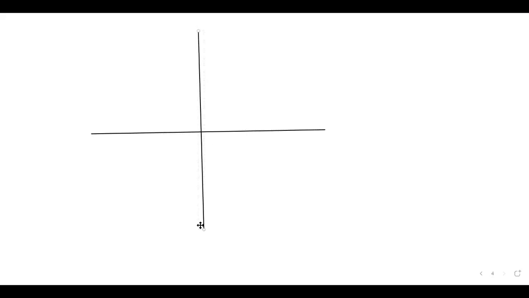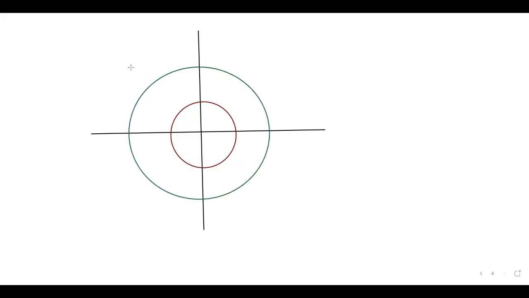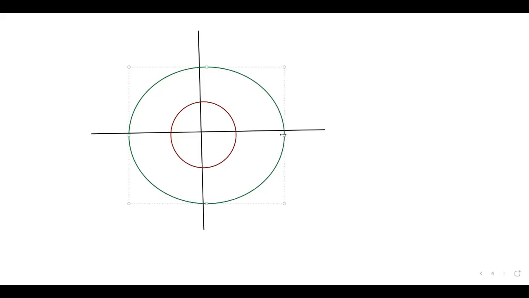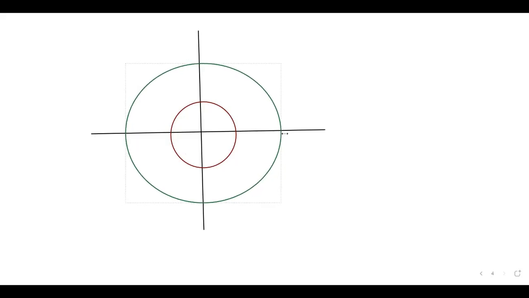So we have two circles. One is the circle of radius 0.4, the smallest circle, and we have the outer circle of radius 0.6. This is the z plane, with u and jv axes.